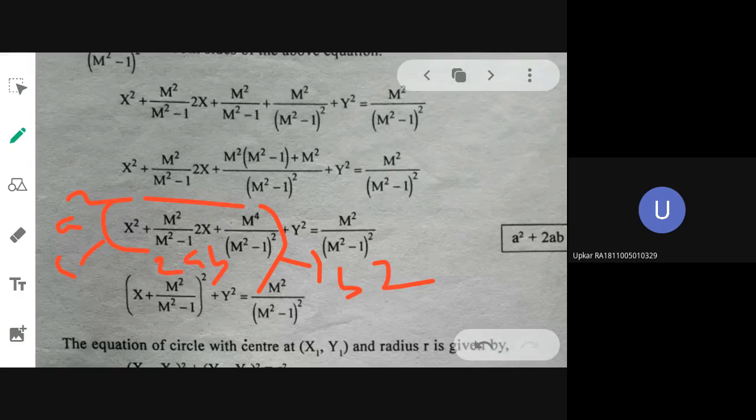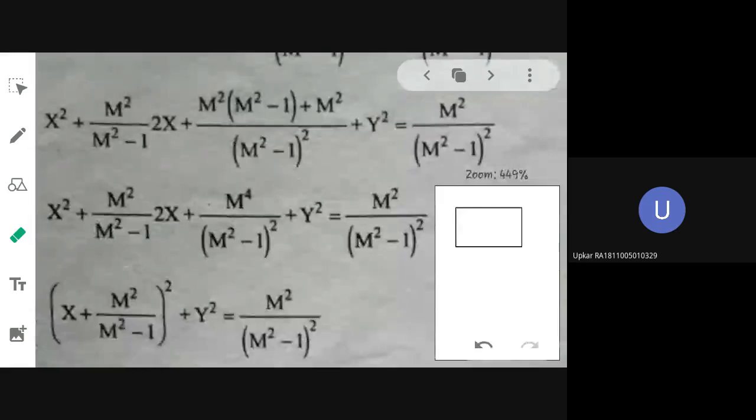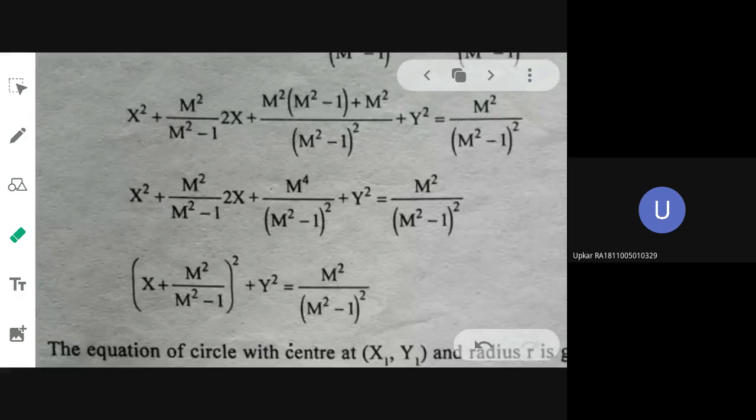So what will be a and what will be b? It is given in the below equation. a is x, and b is m squared divided by m squared minus 1. So if you group these three terms, it will become (a plus b) the whole square, where a is x and b is m squared divided by m squared minus 1.